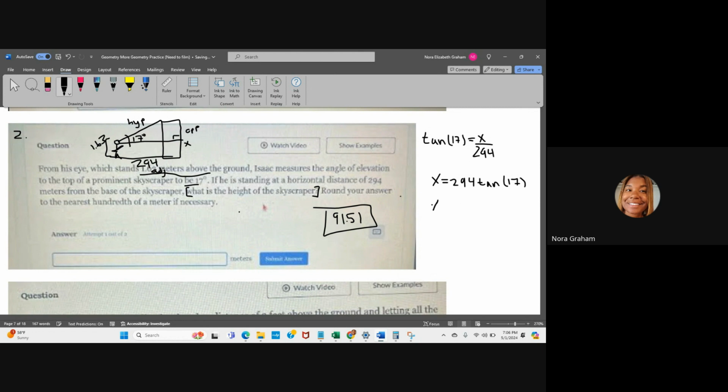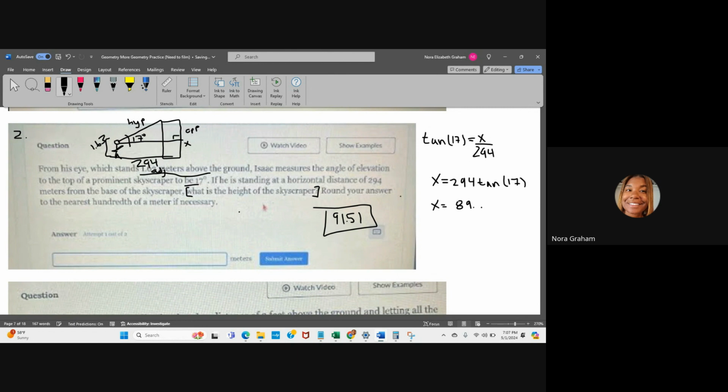And that's going to give me, let me do the calculator. Sorry, I have my hand calculator, not my computer one. 294 times tan of 17. Again, if you need help with that calculator work, let me know. I'm going to get 89.